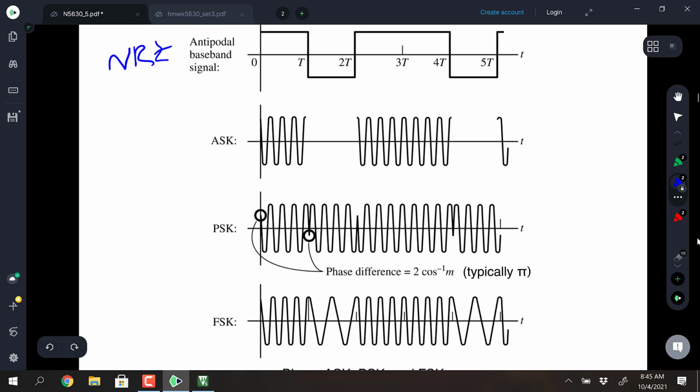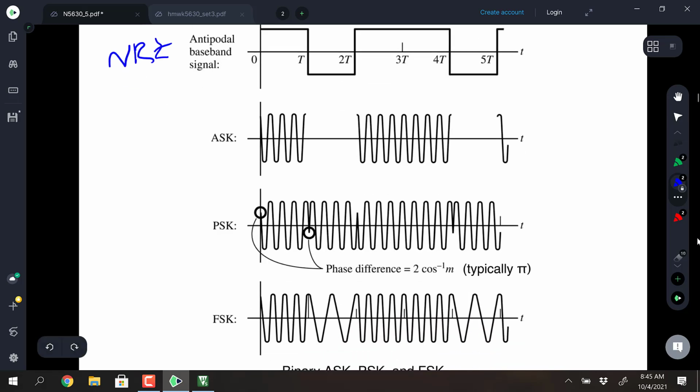For phase shift keying, we send a carrier continuously, but we shift the phase of it. At the transitions, we shift from, say, 0 degrees to pi. For modulation index m PSK, defined in this area of the book and in the notes, there's a phase difference of 2 cosine inverse of m, but typically that phase difference is pi, so it's going from 0, 180, 0, 180.